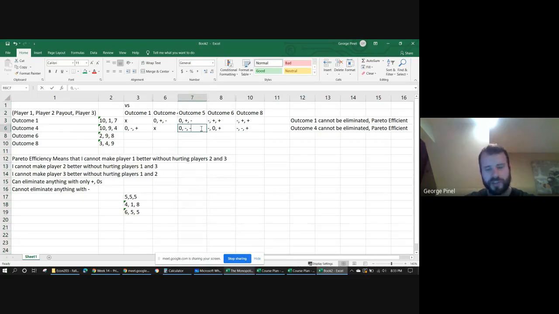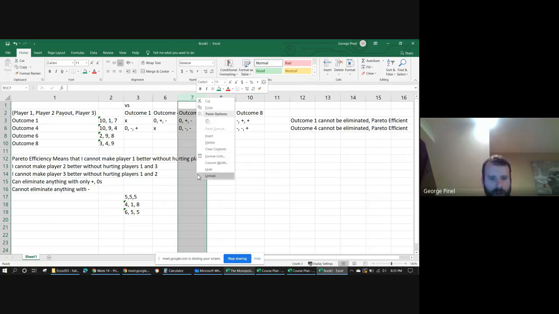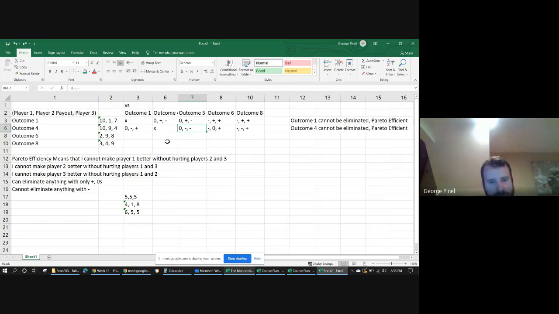I noticed this earlier. When you have a 0, minus, minus, or a minus, minus, minus, or minus, 0, 0, then you know the flip side of that is an allocation that's plus, 0, plus or plus, plus, 0, so the other allocation can be eliminated. Does that make sense? Let me show you.